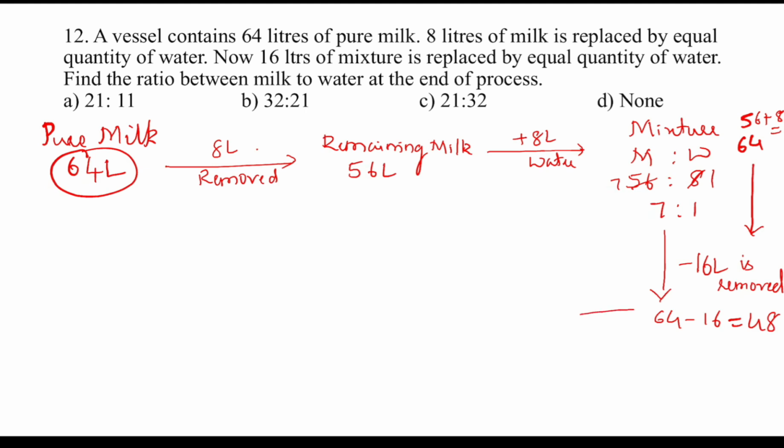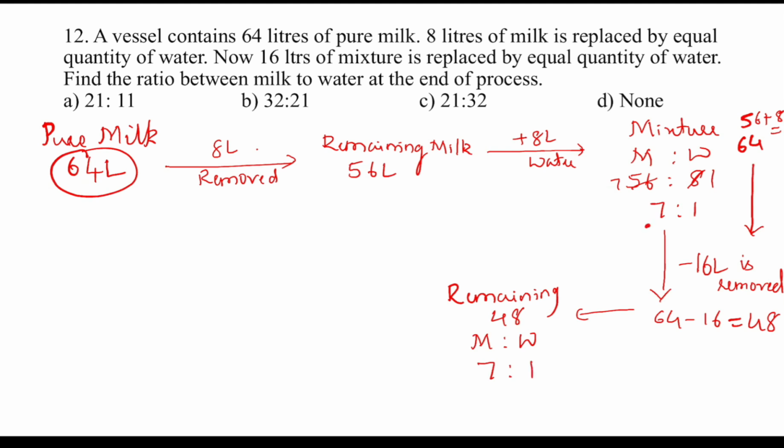So this 48 liters that is remaining will contain milk and water in the ratio 7 is to 1. Exactly how many liters will they contain?